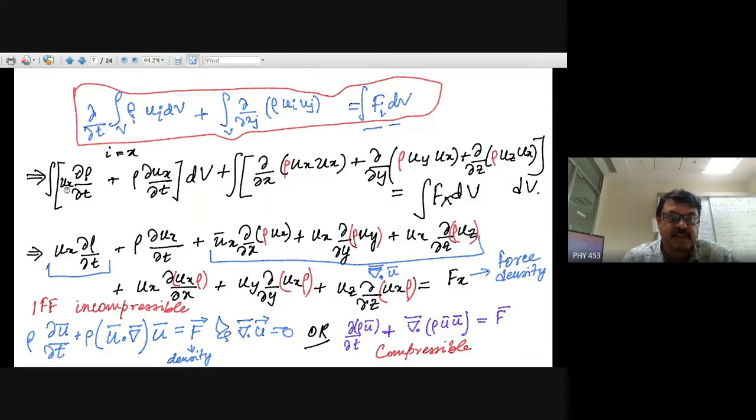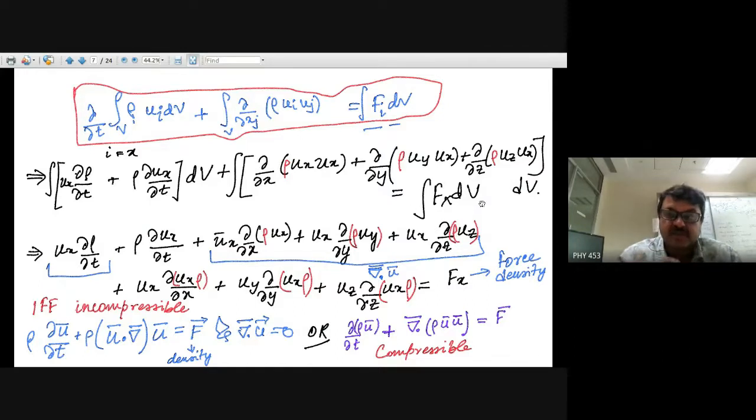Here you have del rho del t u_x and rho del u_x del t, integral over dV, del del x_j, and I've kept the rho here so that you see that it's still inside. There's a repeated index, which when you break it out can be written in terms of del del x u_x, del del y u_y, del del z u_z, and rho is still inside, and f_x dV.